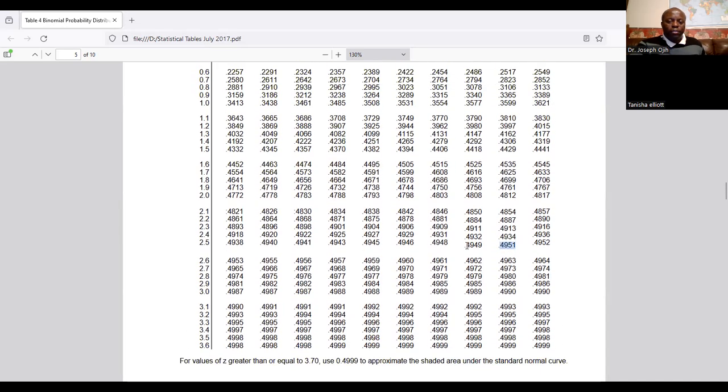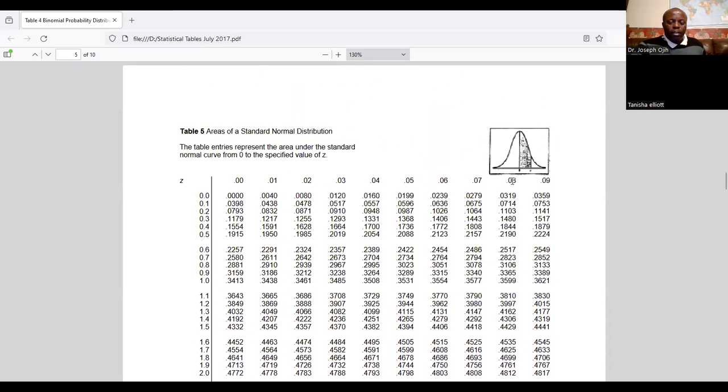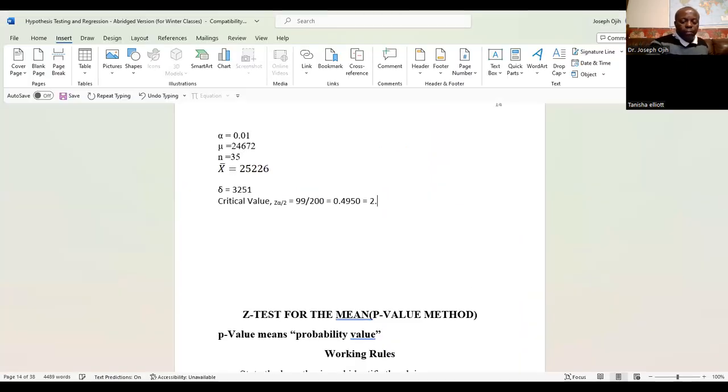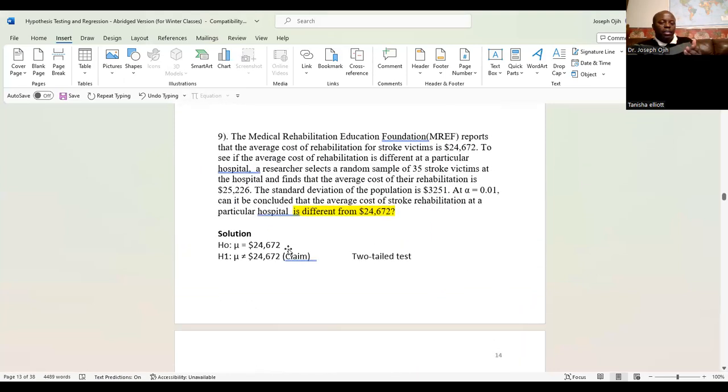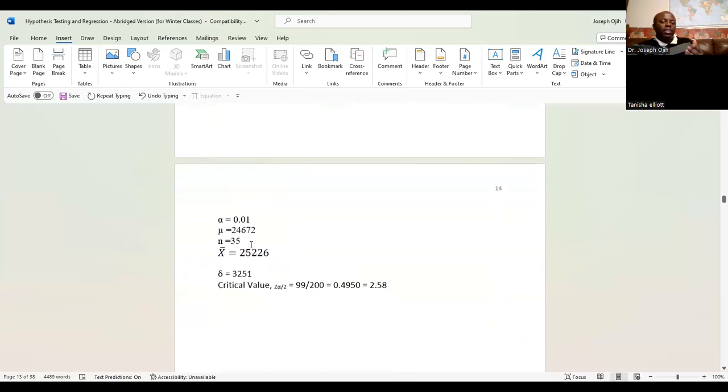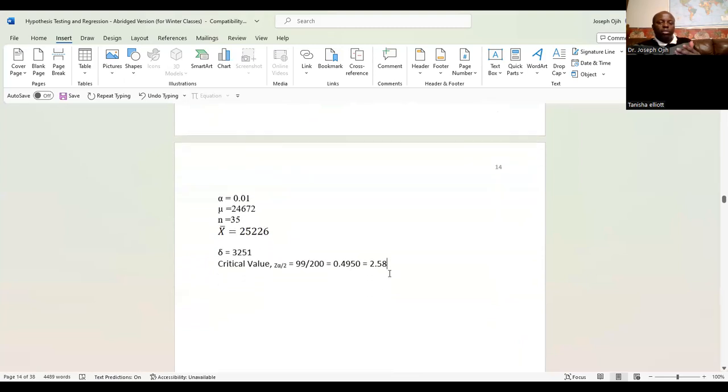If you follow it to the left, you get 2.5, and then 8, so we get 2.58. Now we have our hypotheses stated, our summary statistics, and our critical value.